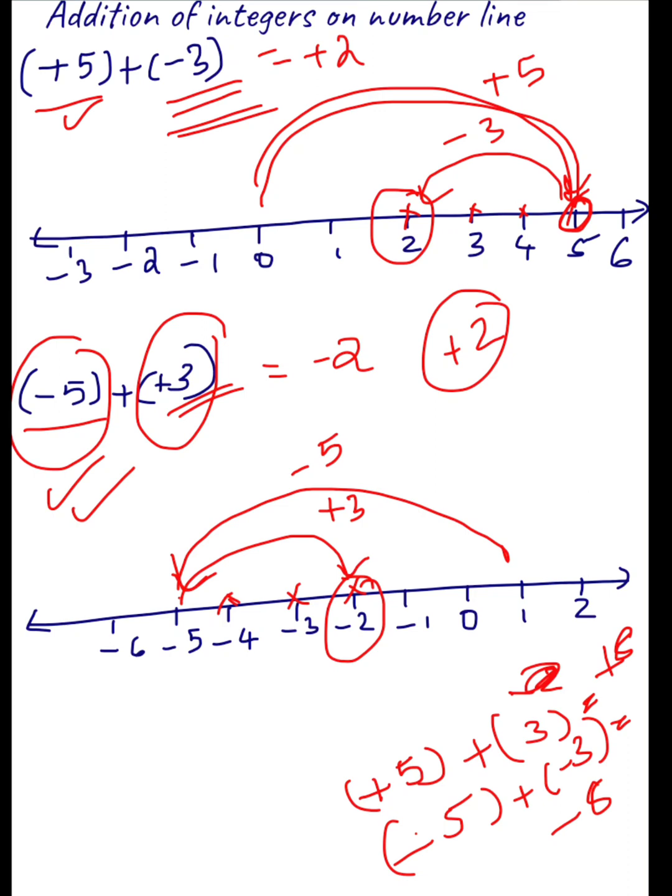So when two positive integers are added, you get a positive integer, and when two negative integers are added, you get a negative integer. And when a positive integer is added to an integer, the resultant will be greater than the given integer.